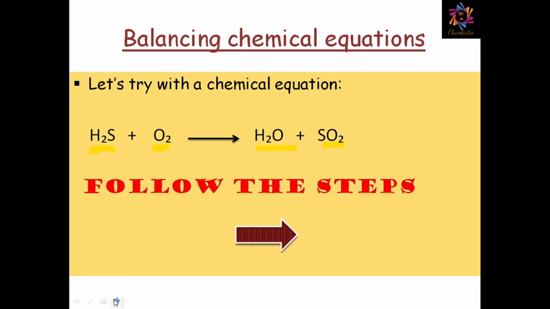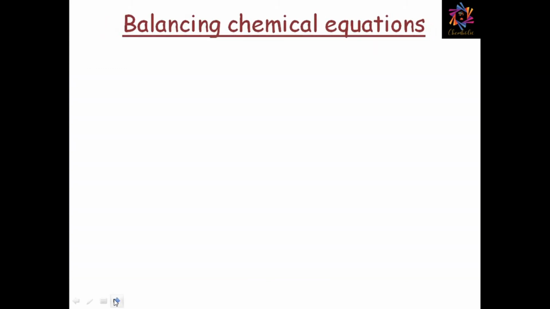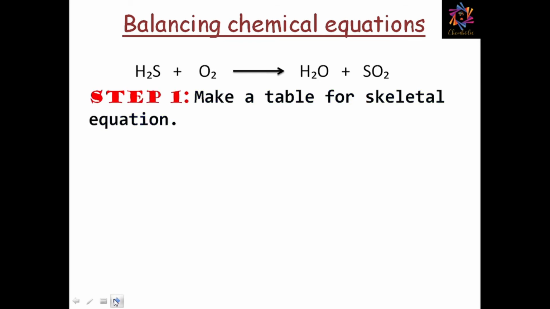For that, follow the steps. What are the steps that we need to follow? We'll go step by step. We'll write the skeletal equation, and the first step is to make a table for the skeletal equation.